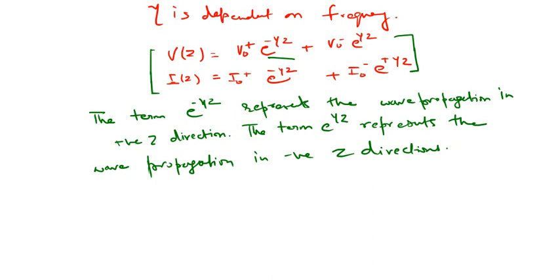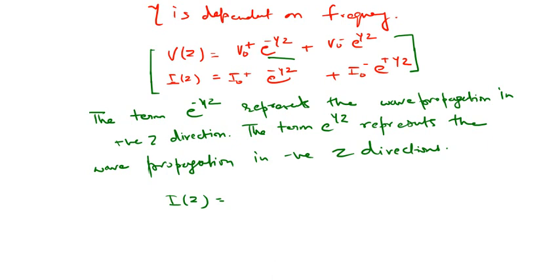So basically, if we find I(z) in terms of V(z), how can we write this equation? Please do some mathematics.